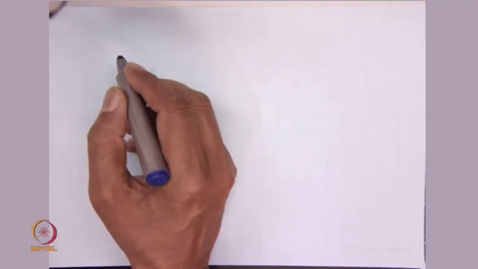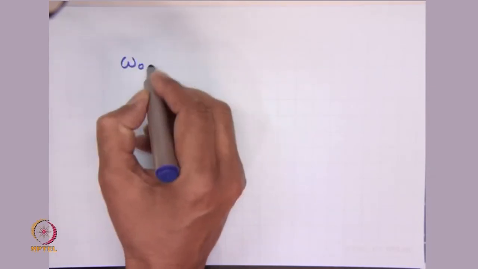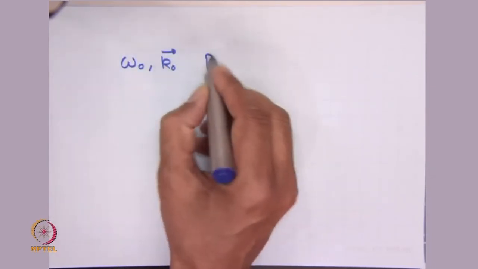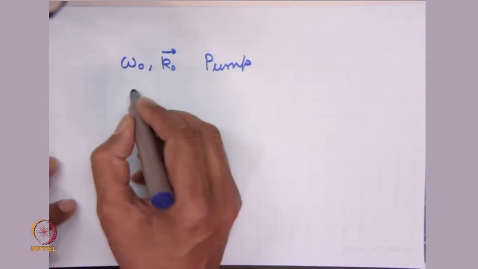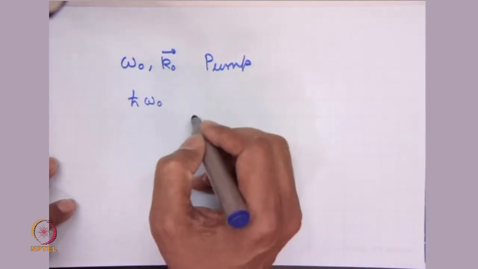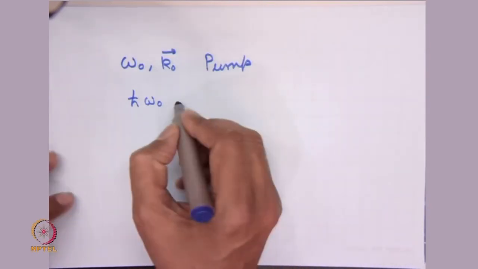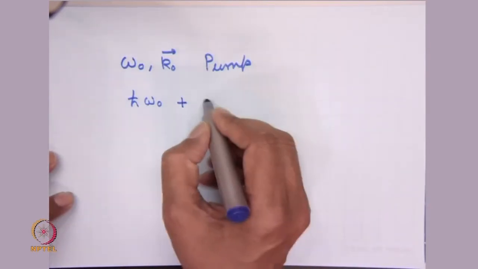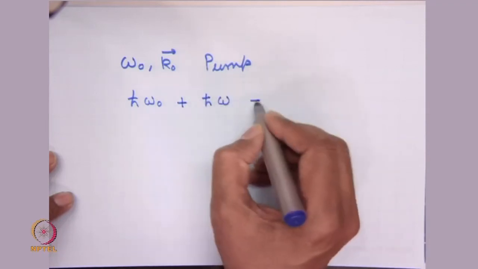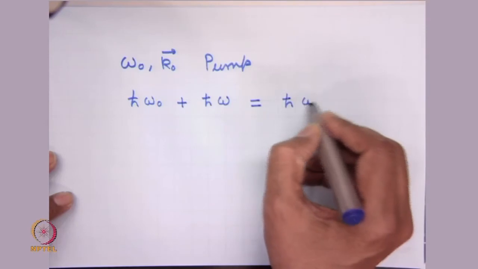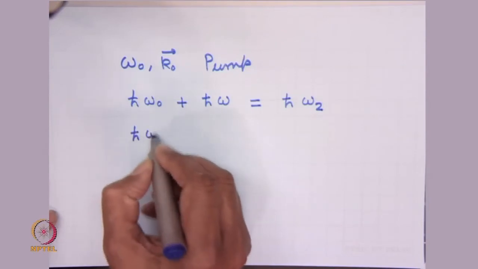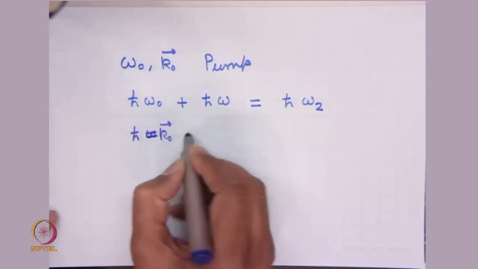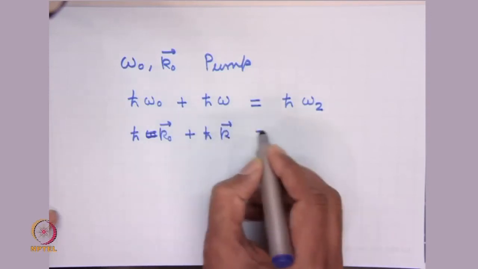What can happen is that the omega 0, k0 frequency wave, a large amplitude wave called the pump, can give a quantum of energy h cross omega 0 and, if there is an electron beam in the system, can pick a quantum of energy from the electron beam and can produce radiation of higher frequency, which we call omega 2. And the momentum of this has to be compensated also: h cross k0 plus h cross k is equal to h cross k2.